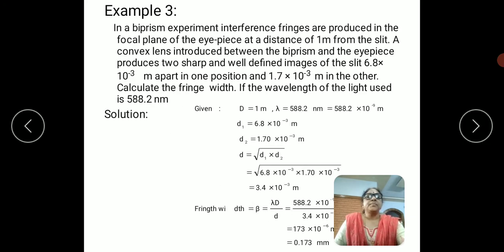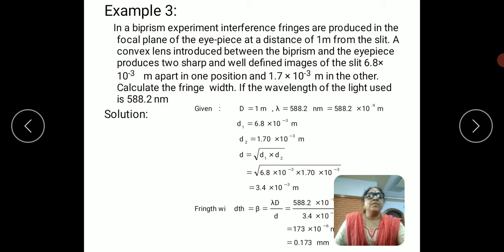Now, in a biprism experiment, interference fringes are produced in the focal plane of the eyepiece at a distance of 1 meter from the slit. A convex lens introduced between the biprism and the eyepiece produces two sharp and well-defined images of the slit 6.8 into 10 to the power minus 3 meter apart in one position and 1.7 into 10 to the power minus 3 meter in another.